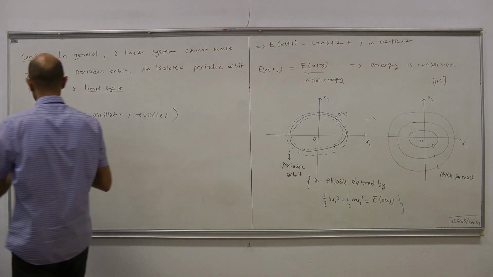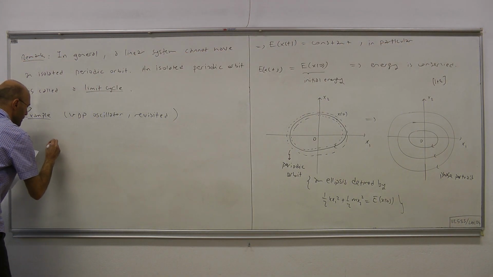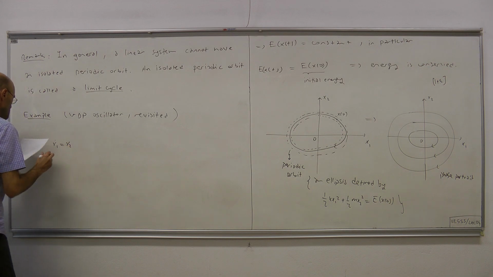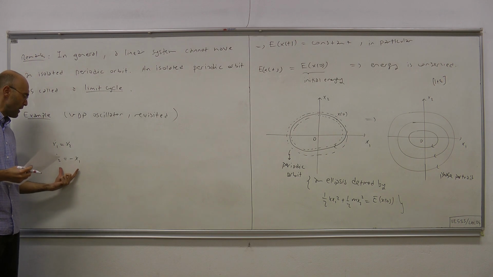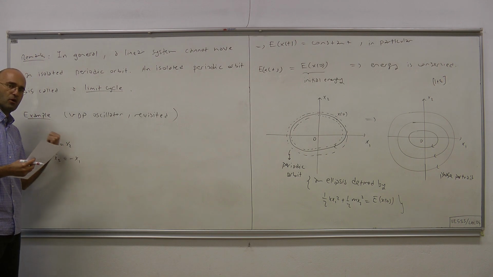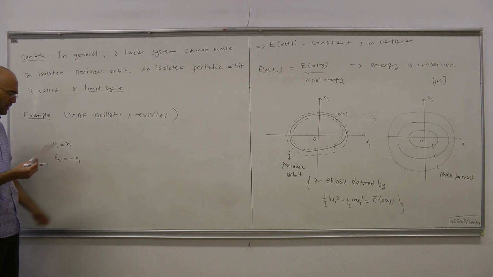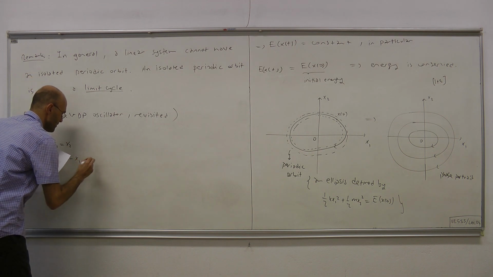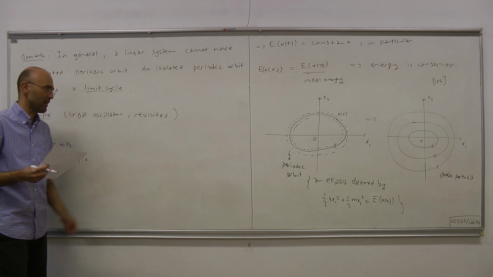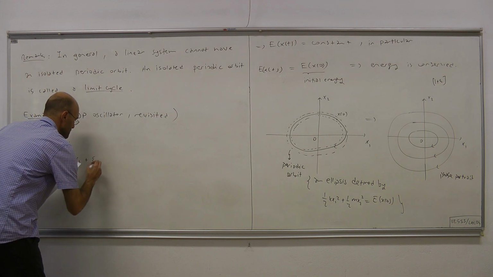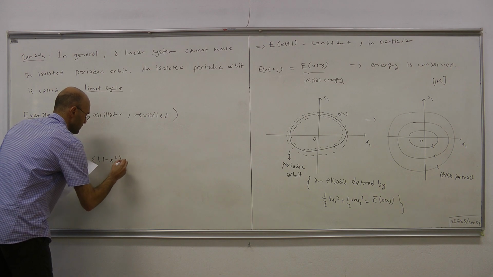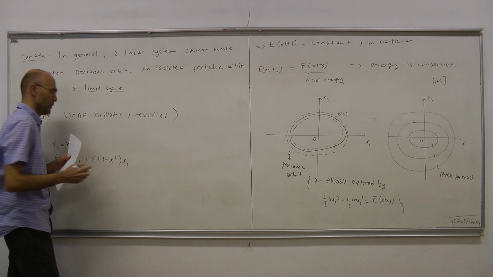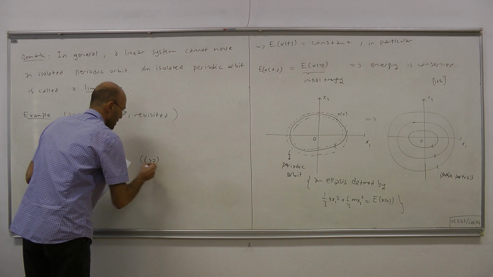The model for the van der Pol oscillator was x1 dot equals x2 and x2 dot equals minus x1. So at this point it's just like the harmonic oscillator. It's a linear system, but it has a so-called nonlinear damping, epsilon times (1 minus x1 squared) times x2, and here epsilon is something positive.